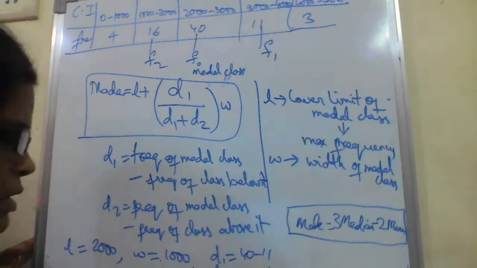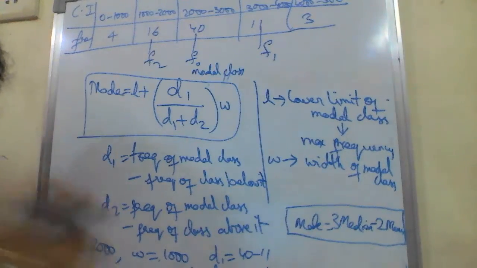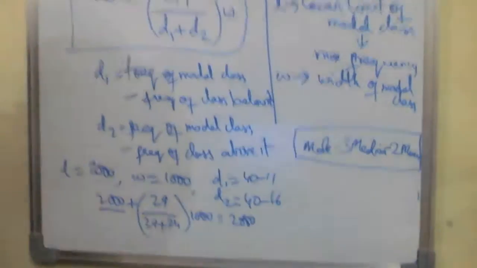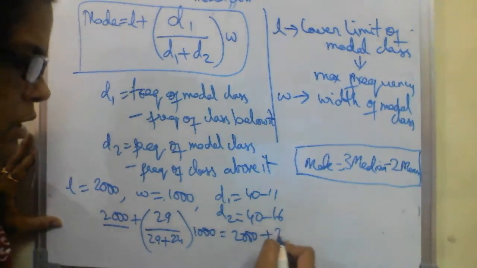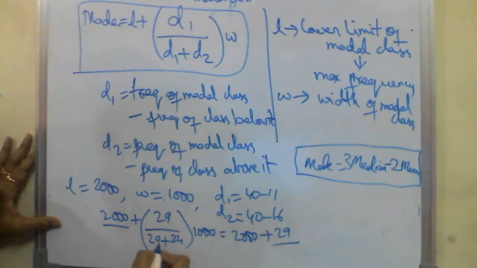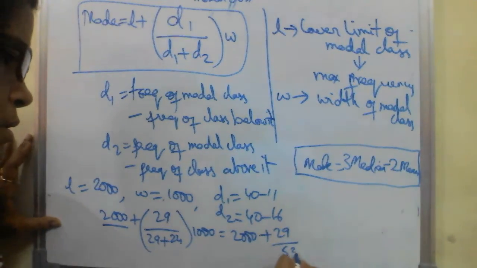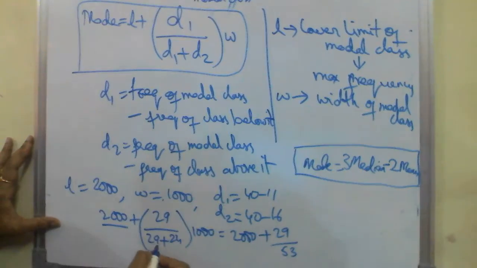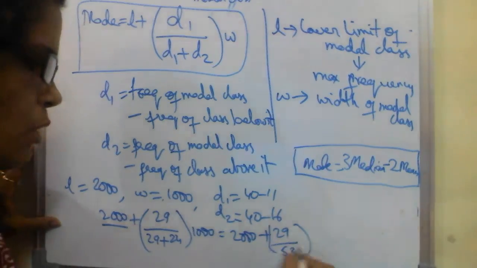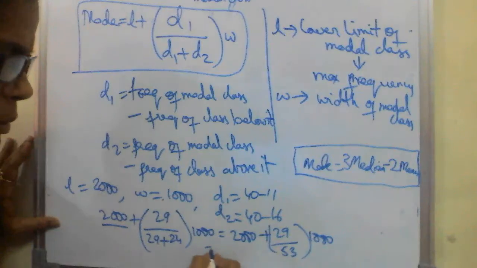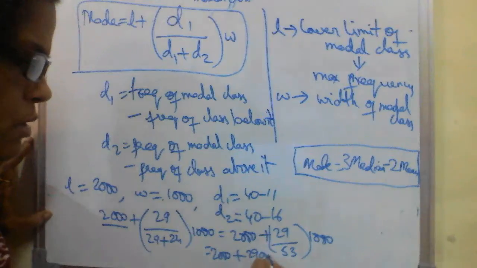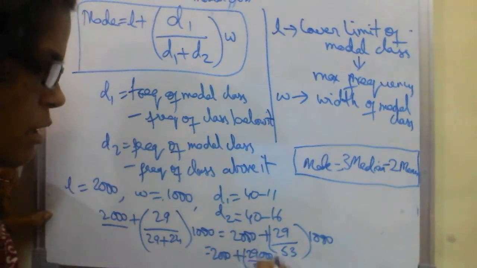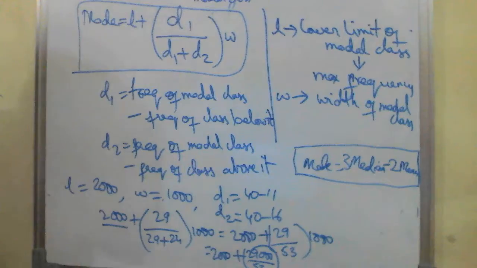Keep this 2000 as it is, plus 29 by 53, into 1000. So you add 2000 at the end, plus 29000 by 53. Divide this part and add it to 2000. That gives you the mode of the frequency distribution table.